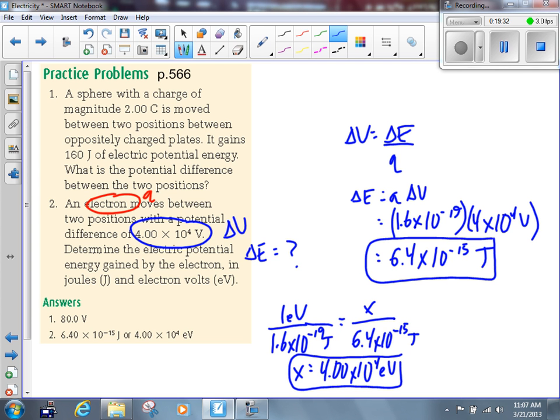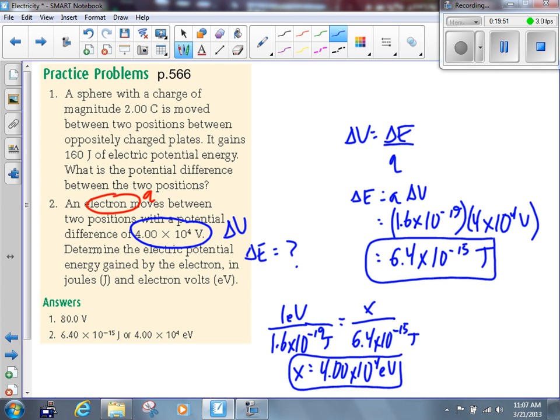Is that a coincidence? Kind of, but not entirely. If we're dealing with an electron or a proton that has a charge of 1.6 times 10 to the minus 19, the potential difference will be the same as the number of electron volts, even though it means two different things.